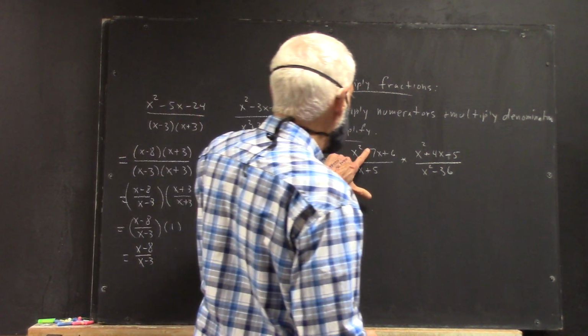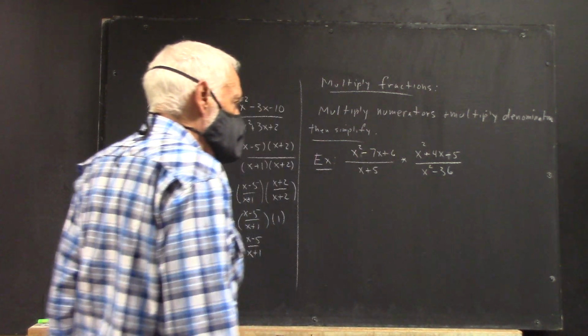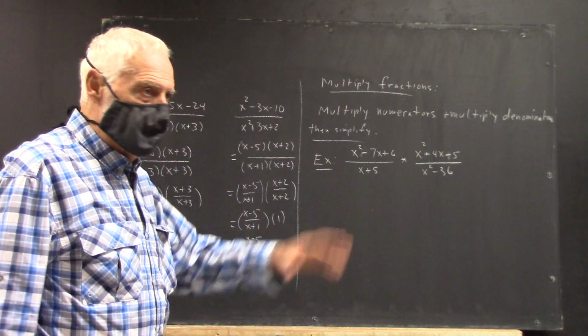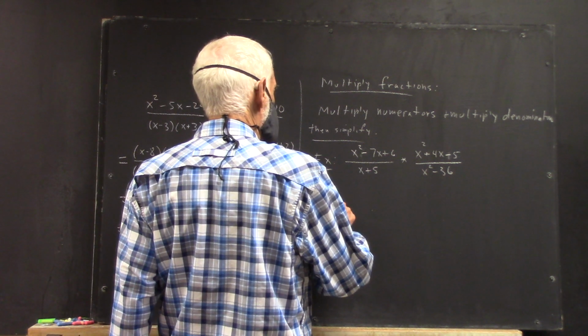And just to make this more fun, I'm going to make this into a minus here. Okay. Now, if this works out the way I think it did, I just made that up in my head, but I knew what I wanted to do. Okay. You can factor.